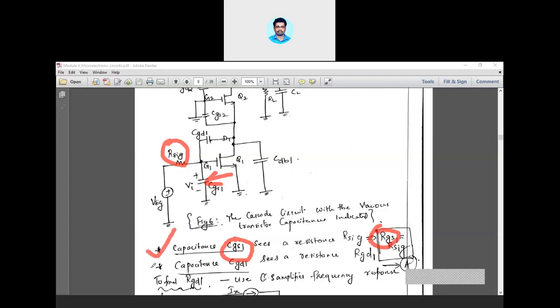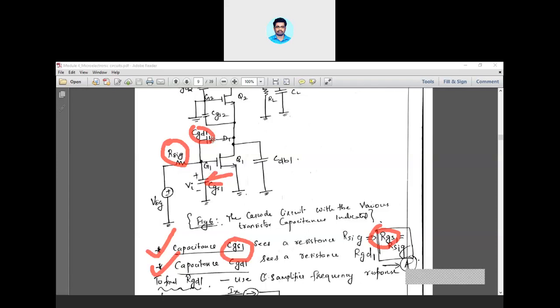Now going to the second case, you have six capacitances in this figure, so you have to approach with six different cases. Now going to the second one, that is CGD1. CGD1 is the capacitance connected between the gate and drain of Q1. But unfortunately, compared with the previous capacitance, its two terminals are connected at gate 1 and drain 1.